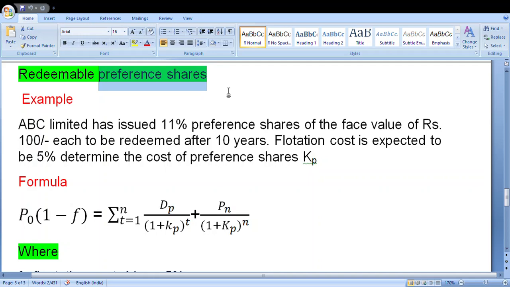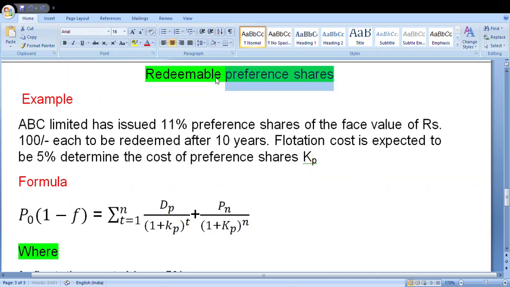In the case of irredeemable preference shares, the principal will not be paid back to the investors, whereas in the case of redeemable preference shares, the word itself explains it. Redeemable, these preference shares are redeemable at the option of the investors.